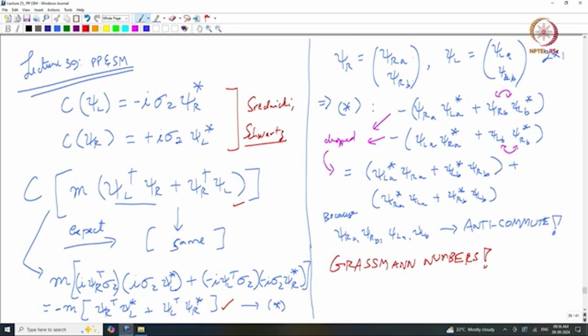You need to populate spinors with Grassmann numbers in order to make fermion wave functions anti-symmetric.